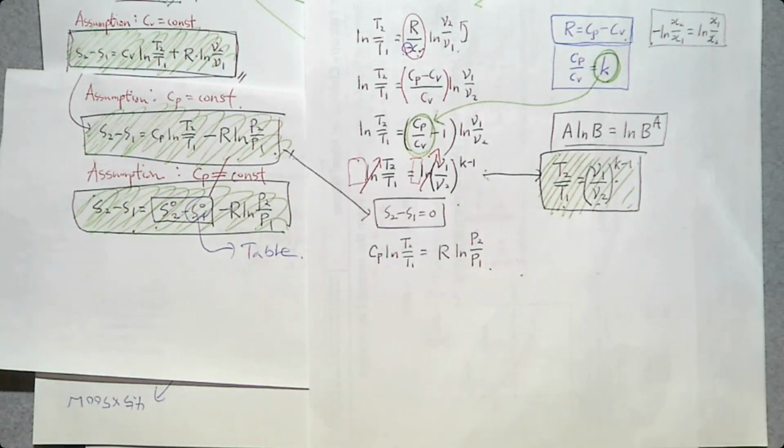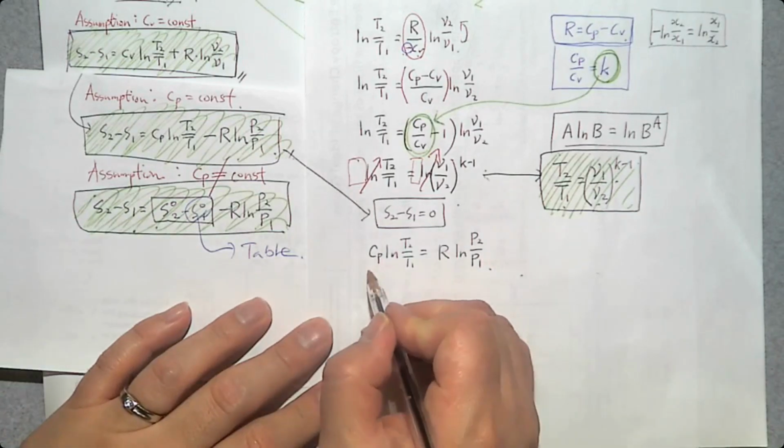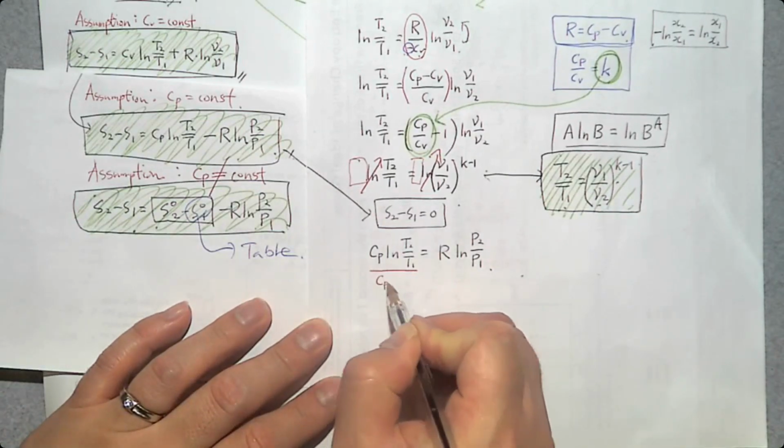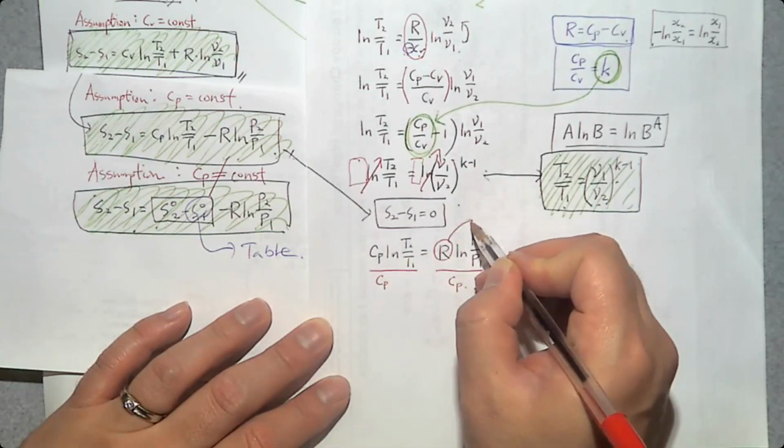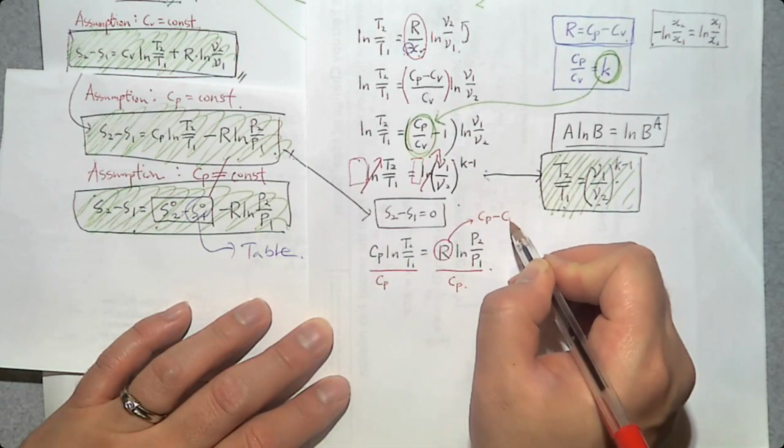Done. Okay. Then you want to get rid of this Cp and R. How can we do that? We can divide each side by Cp. And this R is Cp minus Cv.